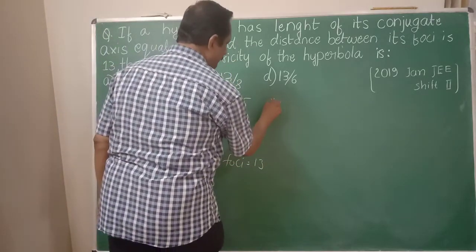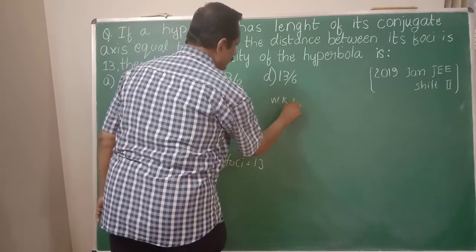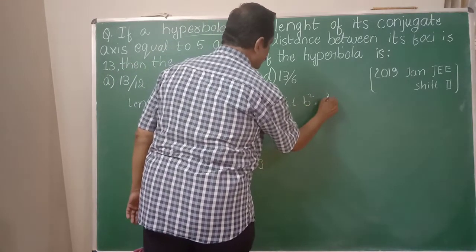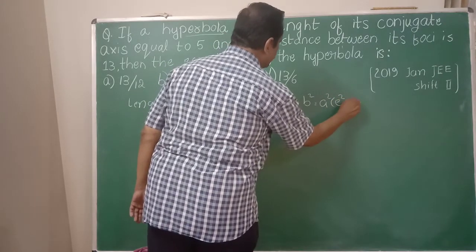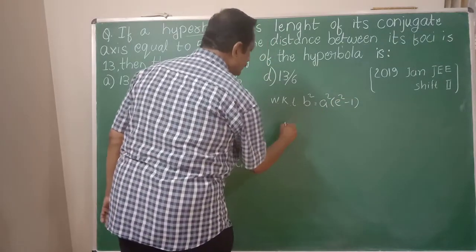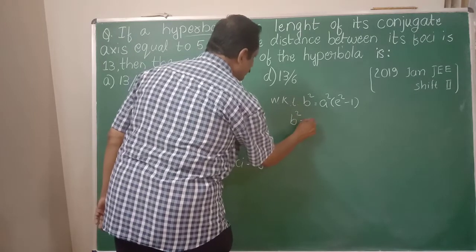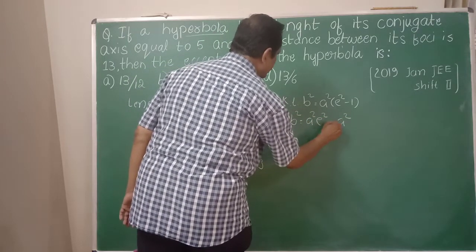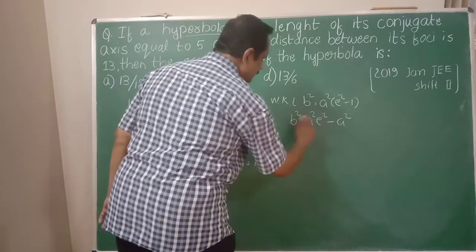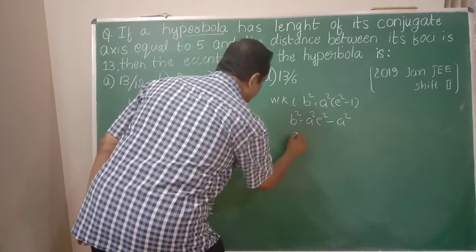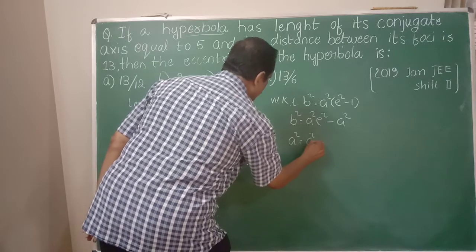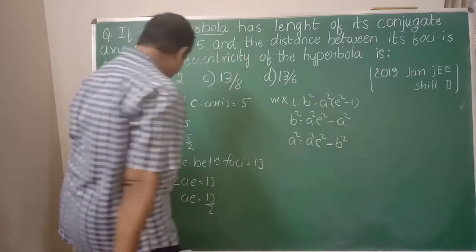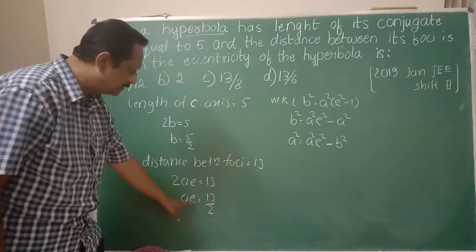According to the hyperbola, b square is equal to a square into bracket e square minus 1 here. Take a square inside the bracket. b square is equal to a square e square minus a square. Then take a square this side, b square that side. Hence a square is equal to a square e square minus b square. Here a into e is 13 upon 2.